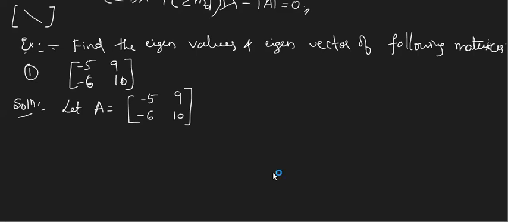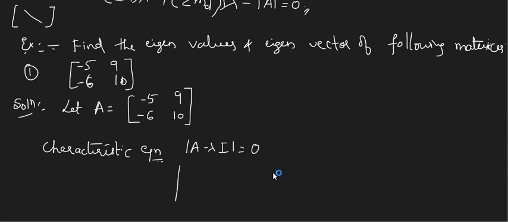Now what you do, take the characteristic equation, which is given by determinant of A minus lambda I equal to 0. Very easily we can construct it. I'll tell you how to write it.